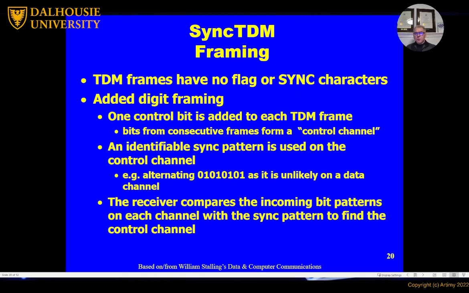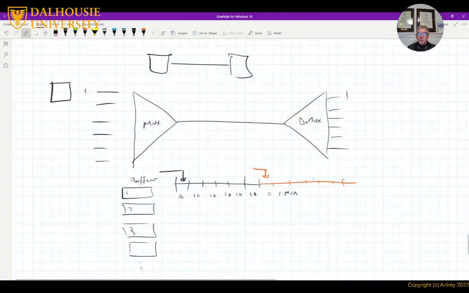One of the issues with multiplexing is from the multiplexing side. The multiplexer takes 8 bits, or whatever number of bits, from input 1, right? So let's say 8 bits here, and then 8 bits from the second, and then 8 bits from the third, right?